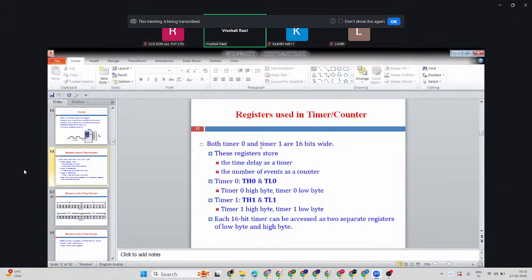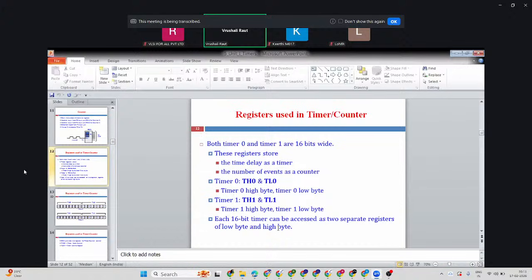Look here, timer 0's register is TH0 of 8 bits and TL0 again of 8 bits: timer 0 high byte and timer 0 low byte. What about timer 1? Again 8 bits and 8 bits: timer 1 high byte and timer 1 low byte. In this way, the 16-bit registers of timer 0 and timer 1 are there.